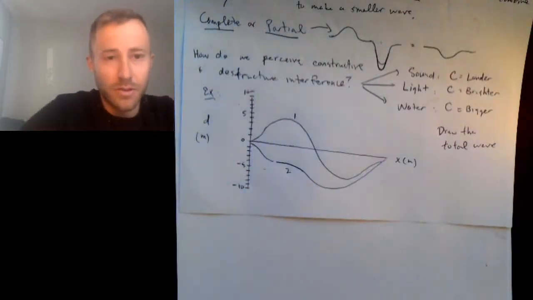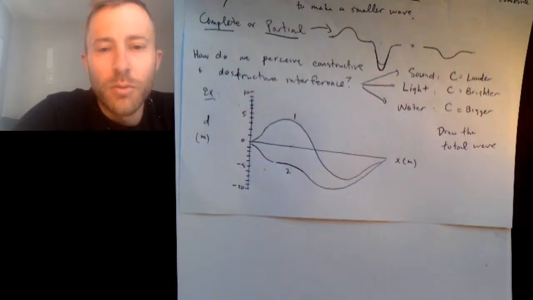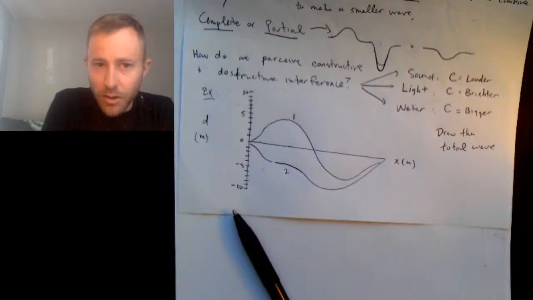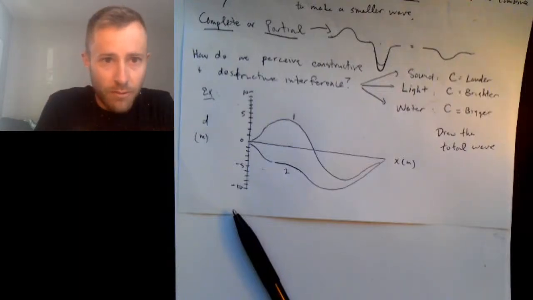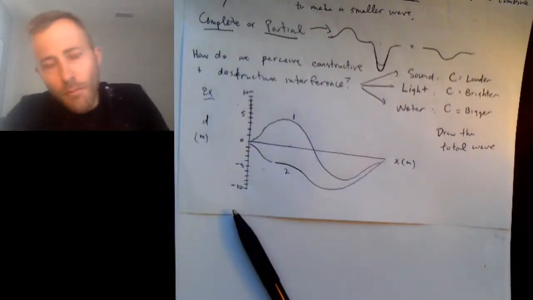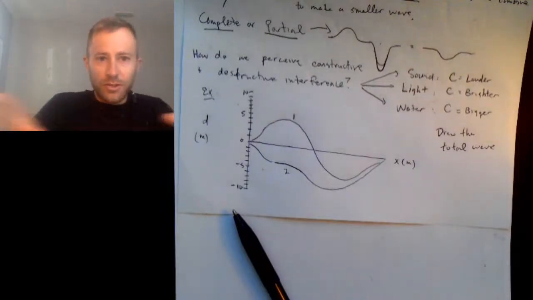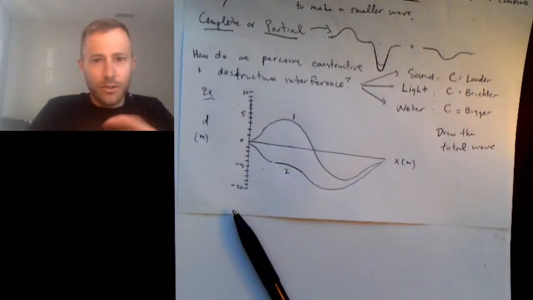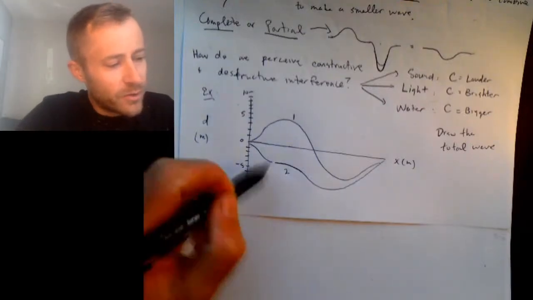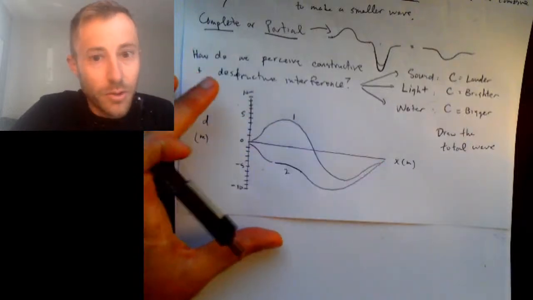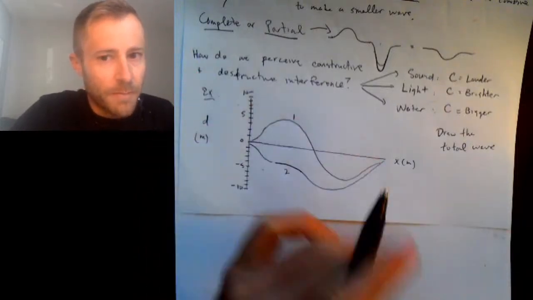They're on top of each other. We want to draw the total wave, because when you look at the surface of the water, you don't see the individual waves. You see the total wave. So you don't see the individual identity of the waves. All you're going to see is the total wave. So this is not what you would actually see if this was the surface of the water, for example. You would see the total wave. So that's how we want to draw it.